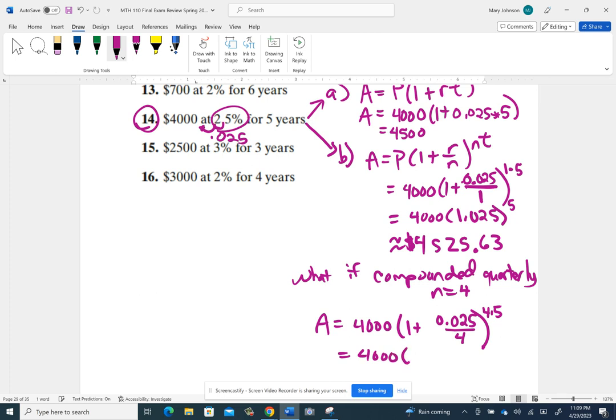So take your 0.025 divided by 4, and that would be 0.00625. And 4 times 5 is to the 20th. And then that would be the same as taking 4,000 times 1.00625 raised to the 20th.